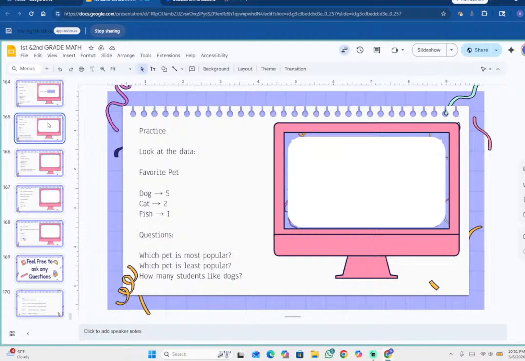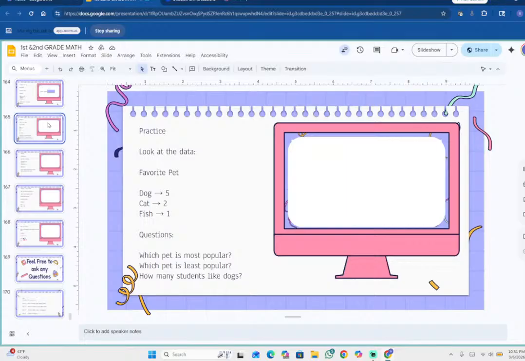Practice. Look at the data. Favorite pet. Under favorite pet, there's dog, cat, and fish. We have 5 votes for dog, so 5 people voted for dog. 2 votes for cat, so 2 people voted for cat.